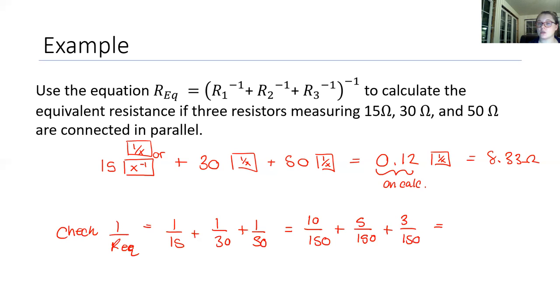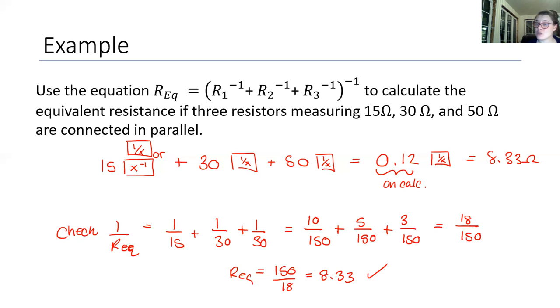Adding those together, we get 18 over 150. Okay, that's 1 over REQ. So REQ is equal to that number flipped. So 150 divided by 18. And we get 8.33 again. I was second guessing there for a sec, because I was like, how in the world did I get 10? I typed in 180 instead of 150. So we get 8.33. So both of them work the same way.